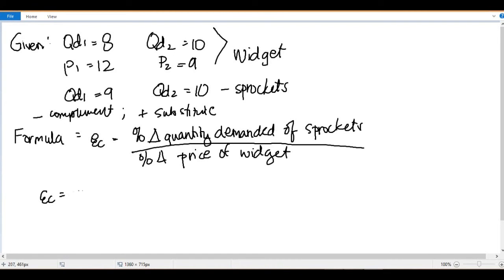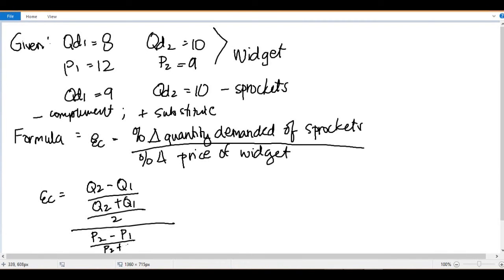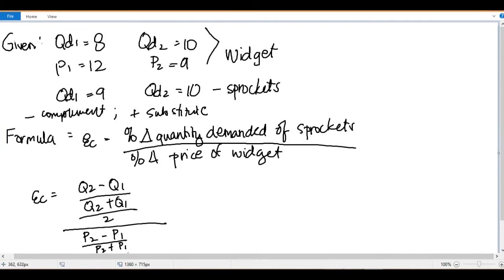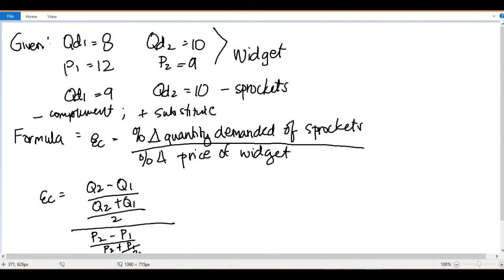Okay, let's expand the formula. EC is equal to Q2 minus Q1 all over Q2 plus Q1 divided by 2, divided by P2 minus P1 all over P2 plus P1 divided by 2.